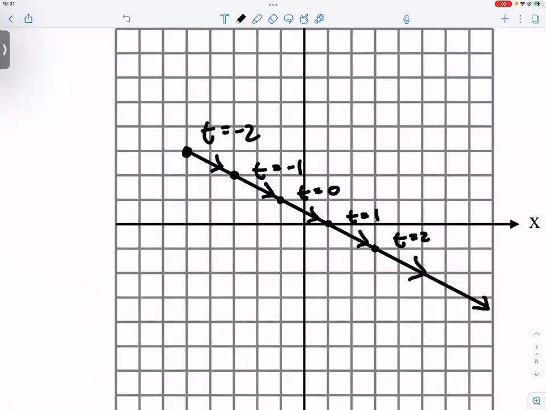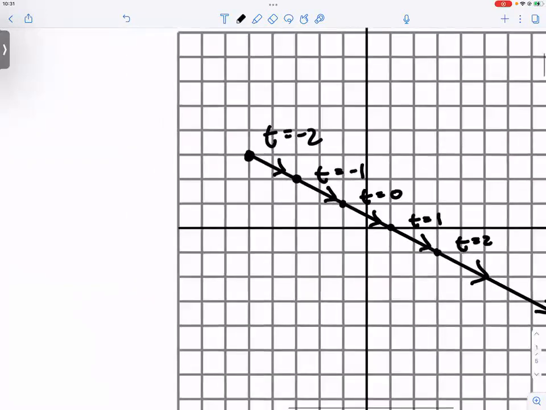So along the line, you have to show the arrow, and the arrow should go in a single direction, unlike what we did in the past. In the past, we put arrowheads on both ends of the linear line. But for this one, we go in one direction to show that this is how the particle or object will progress as time goes.